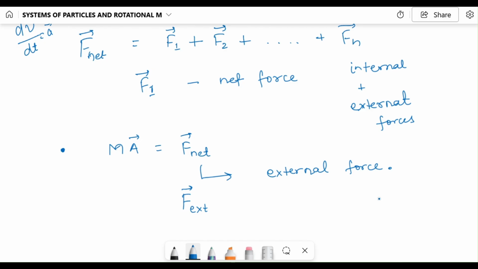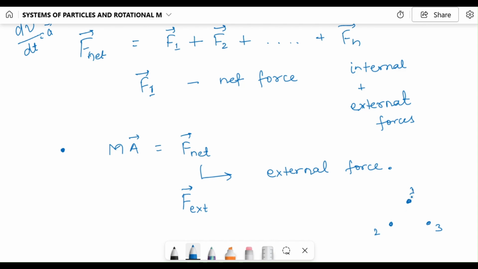Let us take a system of three particles. Let's say this is the first particle, this is the second particle, this is the third particle. Now, if we want to know the net internal force on this system altogether, let me find out the internal forces acting on each and every particle.